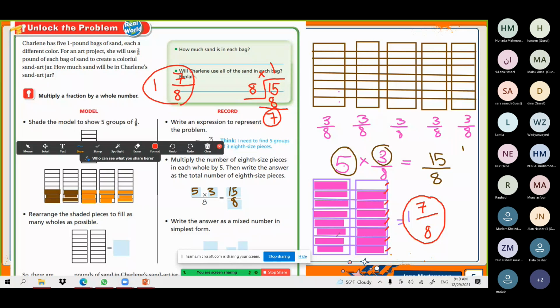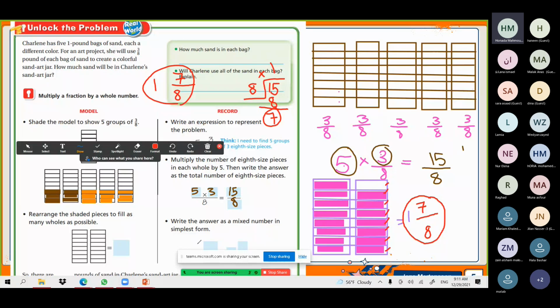If it is 15 over 8, you fill the first bag with 8, then you write the remaining on the other bag. When you fill the first bag, you get 8 out of 8, which is 1. And the second bag has 7 shaded out of 8, so it will be 1 and 7 over 8.